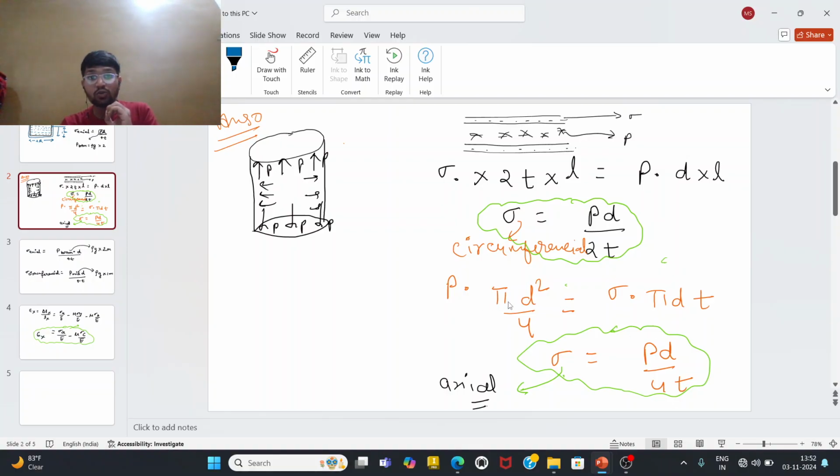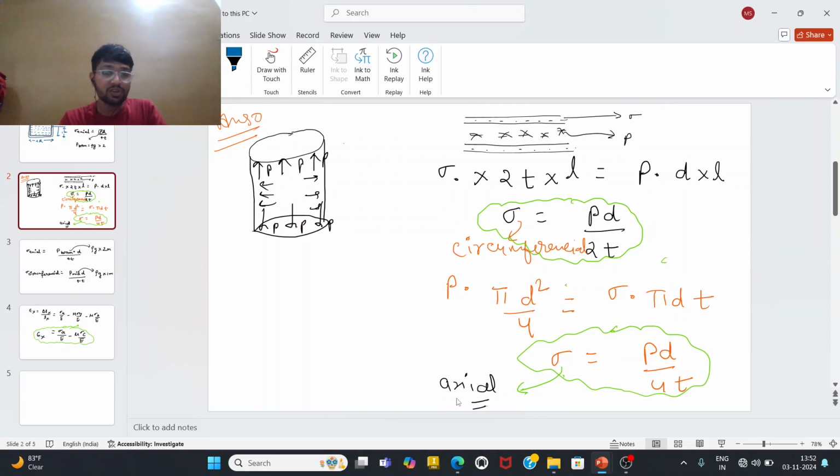The force is pi d square by 4 into the pressure P, and this must be balanced by sigma times pi d t, where pi d t is the periphery area.